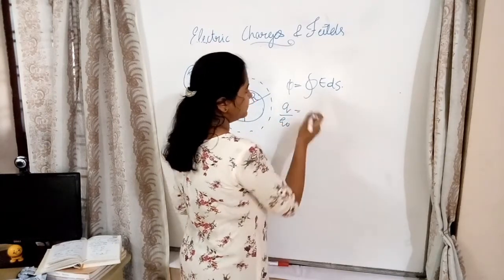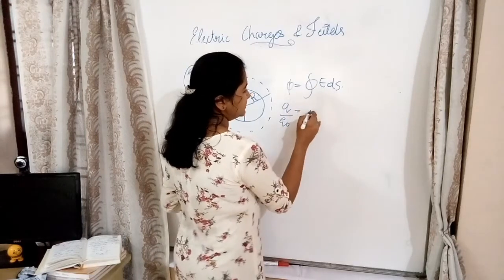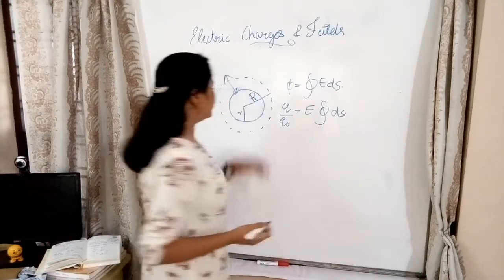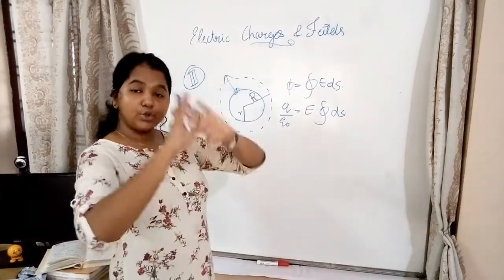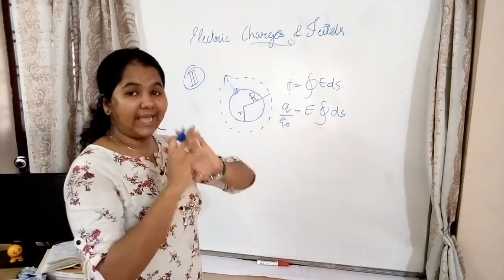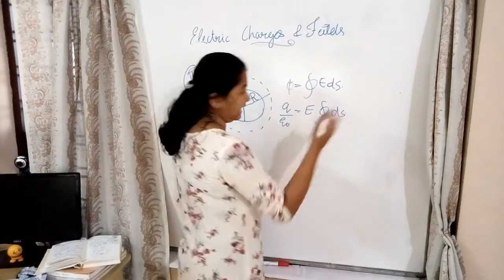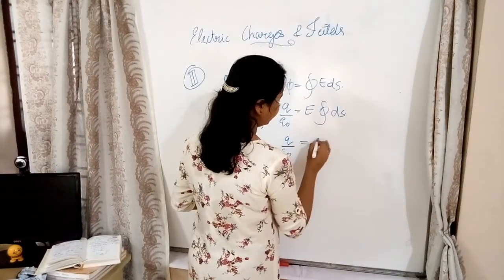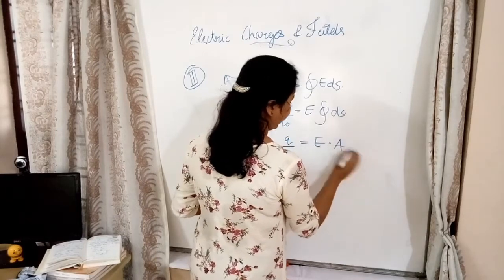And over here E comes out because it's a constant, and dS. We are finding the total surface area, so we will mark it as A. So Q by epsilon 0 is equal to E dot A.